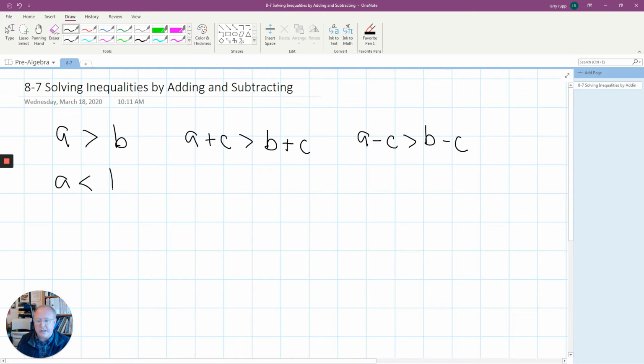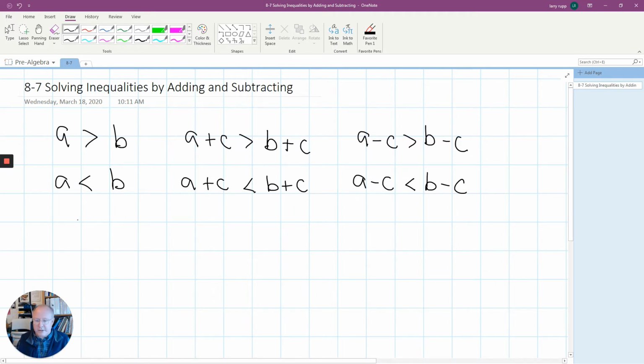If A is less than B, then if you add the same thing to both sides of the inequality, you will still have a true statement, okay? And if you subtract the same thing from both sides, you will still have a true statement. The A left-hand side will still be less than B, the right-hand side.